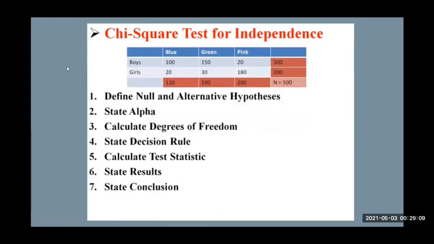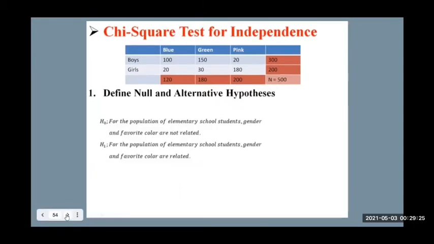So again, this is our process: define null and alternative hypothesis, state alpha, calculate degrees of freedom, state decision rule, calculate test statistics, state result, and state conclusion. Step one, define null and alternative hypothesis.